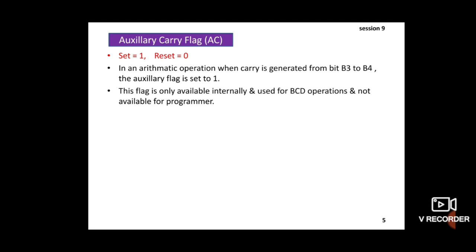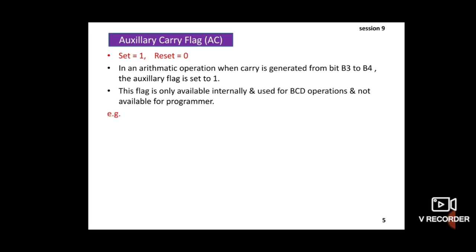BCD means binary coded decimal. If you write a program using BCD numbers, the processing happens automatically and internally. At that time the auxiliary carry flag is set or reset, depending upon your instruction or your executing processing.